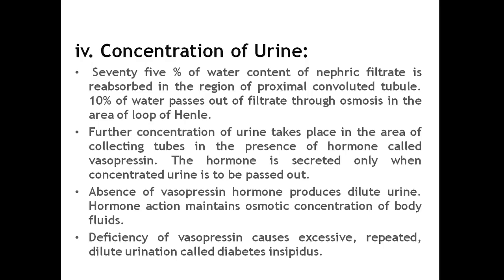If a person drinks excess water, osmoregulation is maintained and excessive reabsorption of water from the renal tubule is not required. Sufficient water is there in the body, so no reabsorption is required. Thus, in such conditions, vasopressin is not secreted.